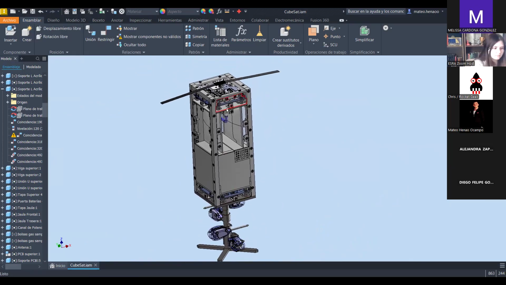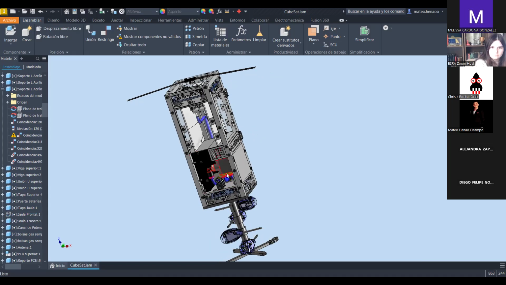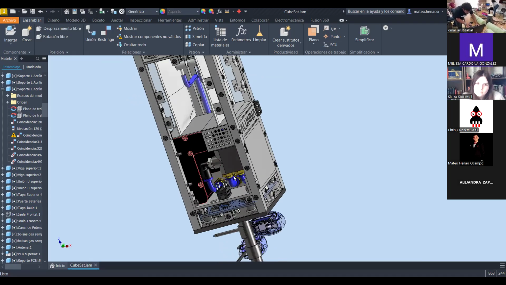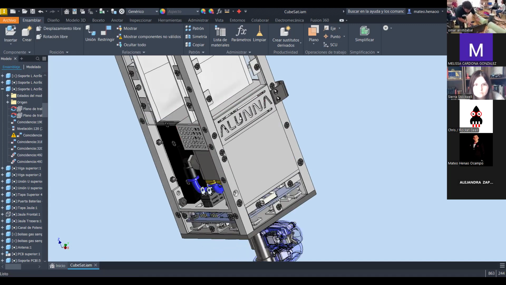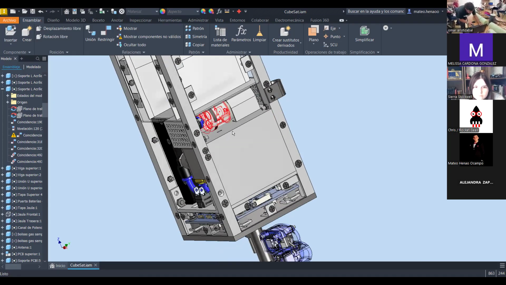Then we have the two PCBs, and right in the center we have the core of the CubeSat. We have the batteries here. Then we have the three bulbs for the system of atmospheric sample collection. Here we have the name of the CubeSat, Luna, and inside we have the air pump of the sample collection system.